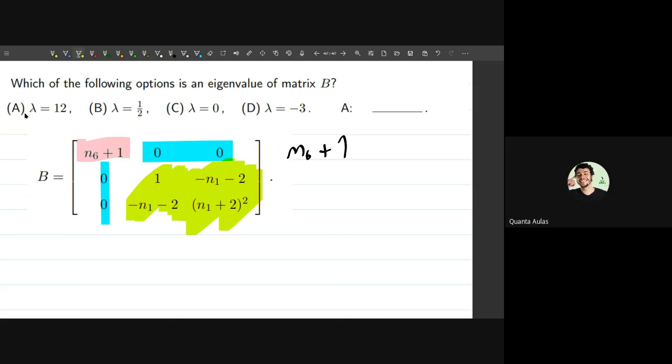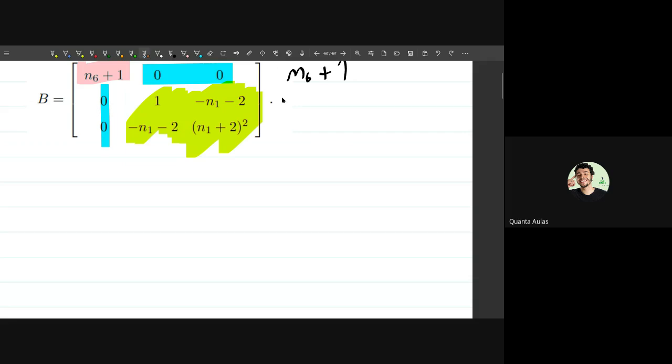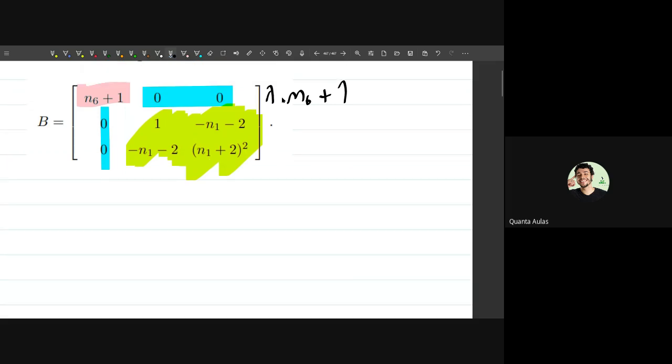So I will do the math because it seems we don't need to know the values of anyone. Your teacher was a little troll here. He does a trick here. Because to find the eigenvalue, I need the determinant. So I will do the determinant of this submatrix to get the other eigenvalue.